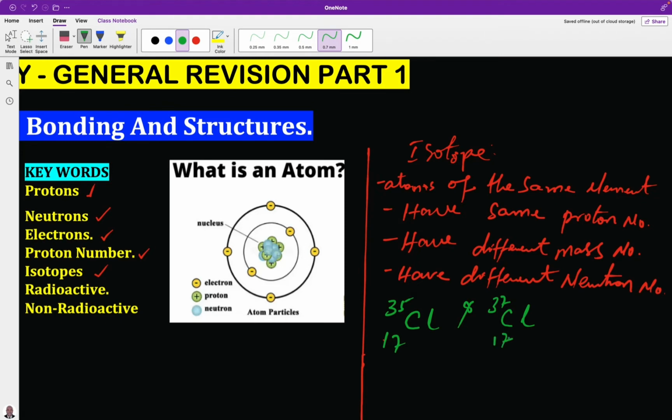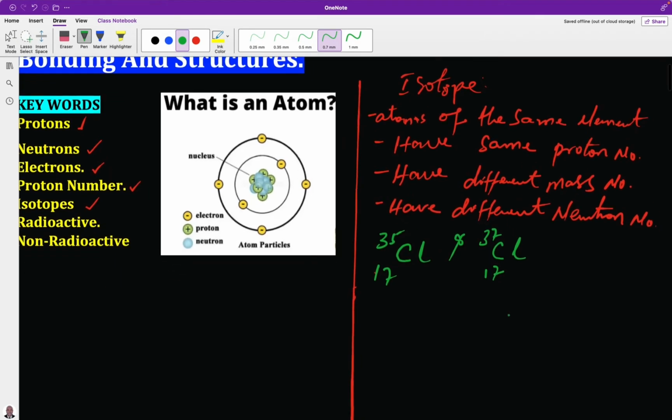We could still use an example of this to be carbon 40, carbon 12, and carbon 14. Carbon 12 and carbon 14.